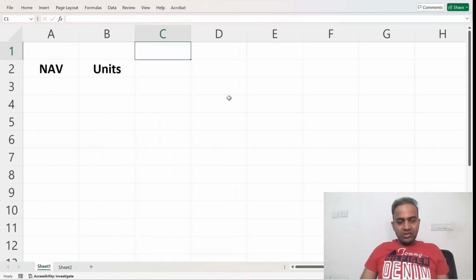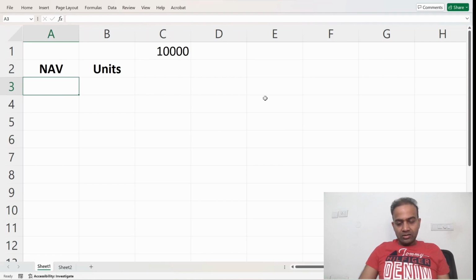So let's understand that with an example, and then we'll discuss more about the right strategy to implement a systematic withdrawal plan. For our calculation, let's assume that you're doing an SIP of 10,000 per month. When you started the SIP on that particular date, the NAV for the fund is 90.